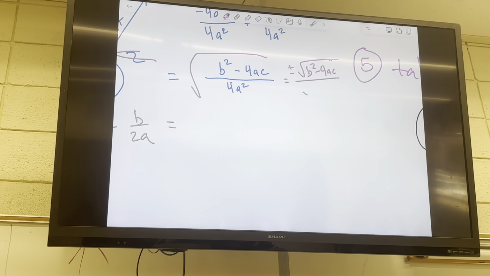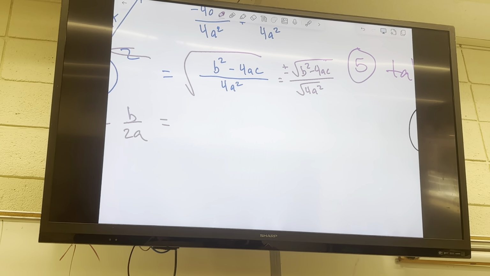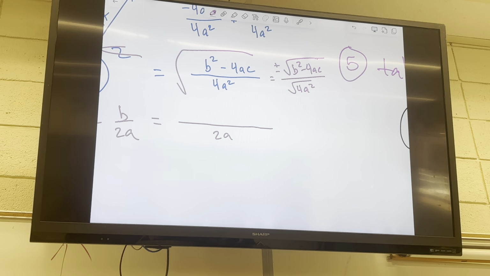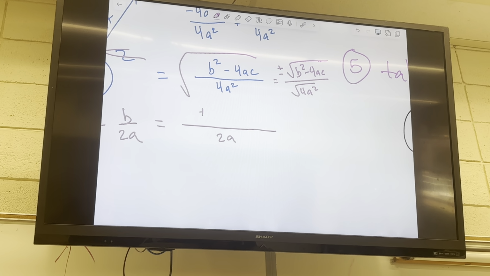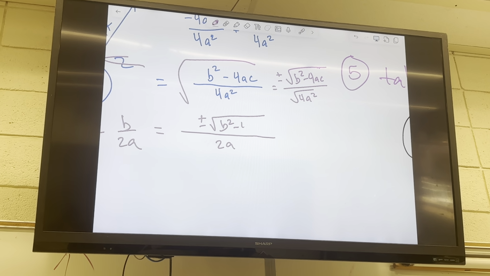In the denominator, the square root of 4a squared is simply 2a. And the numerator, we can't take the square root of that, so we're going to just write it as positive or negative the square root of b squared minus 4ac.